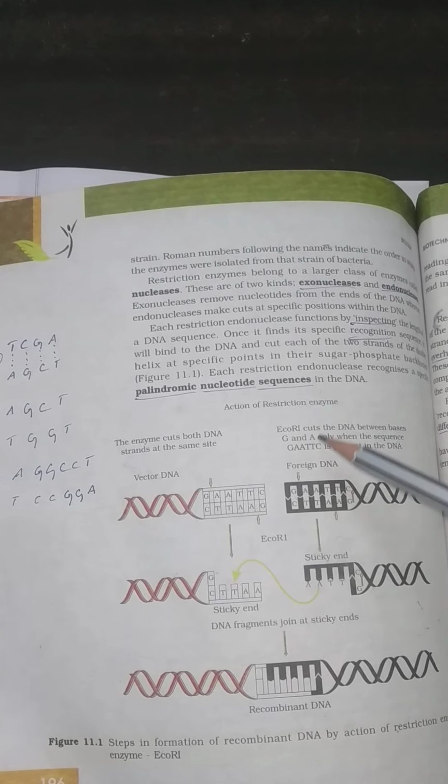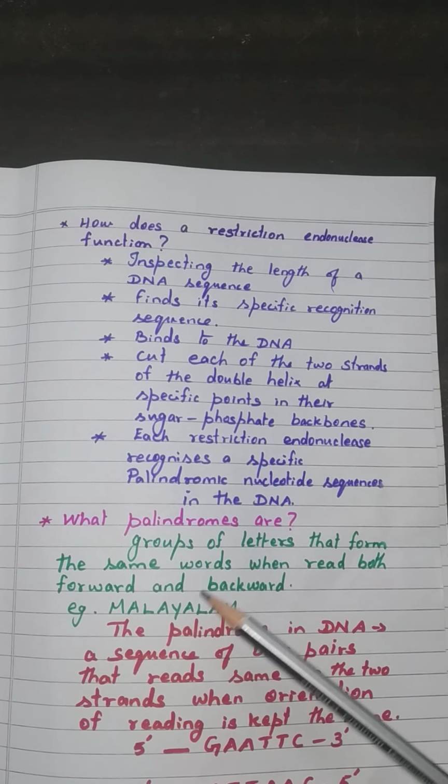So here also this endonuclease recognizes the same sequence of 6 base pairs, and this sequence of 6 base pairs is known as a palindrome. What is a palindrome? An example of a palindrome is Malayalam. A group of letters that form the same words when read both forward and backward.